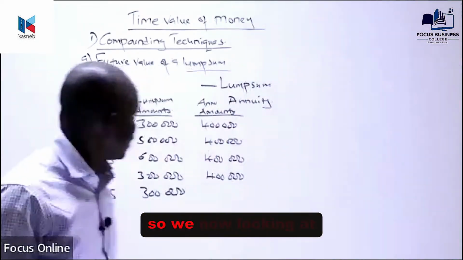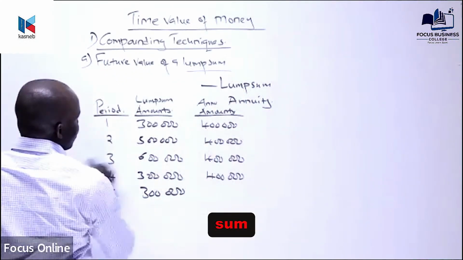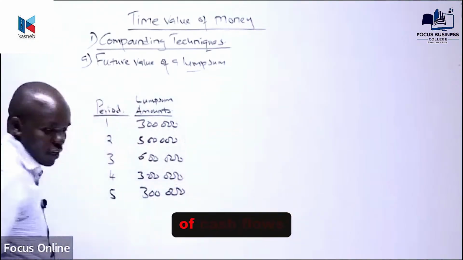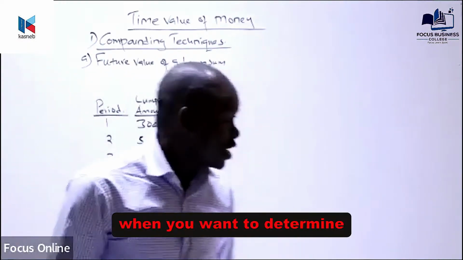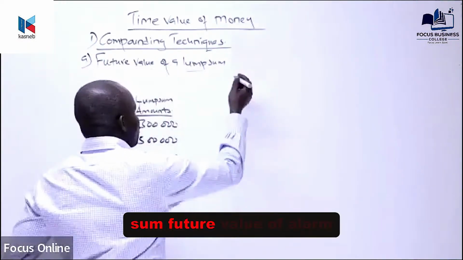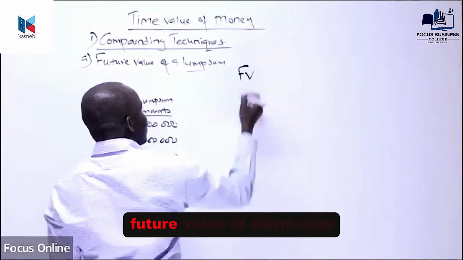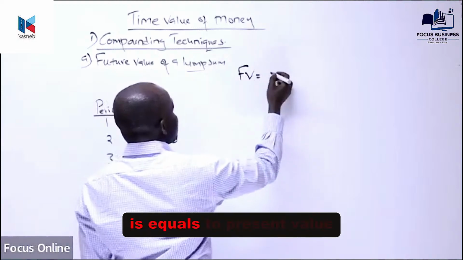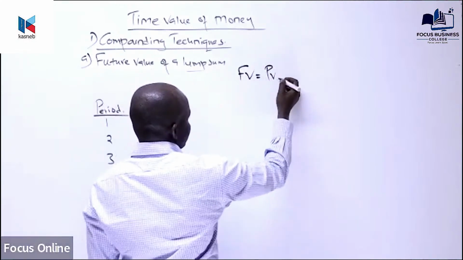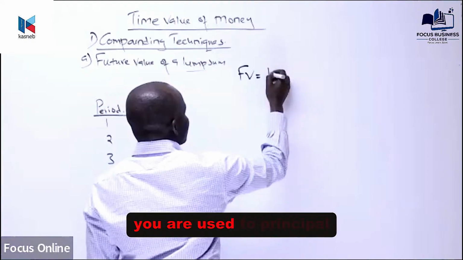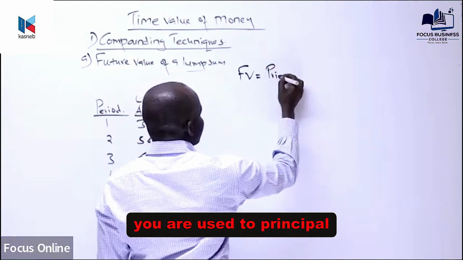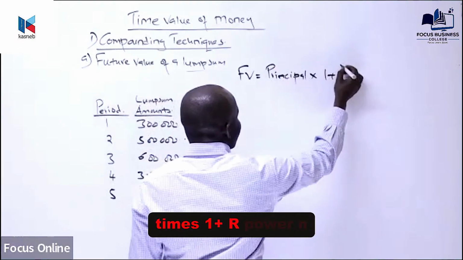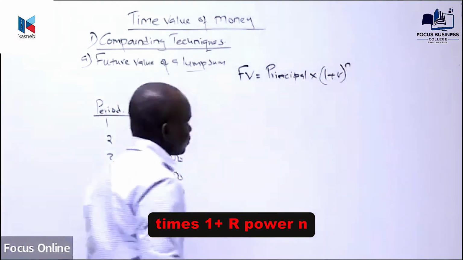We are now looking at future value of a lump sum, future value of this kind of cash flows. When you want to determine the future value of a lump sum, FV, the future value of a lump sum is equal to present value, or let's say principal, times 1 plus R power n.